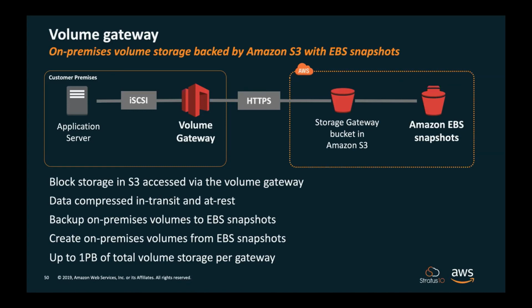There is a limit of 1 petabyte of volume per storage gateway, so if you need more than that, you would utilize multiple volume gateways. This utilizes S3, and if you need the data in AWS, you would create an EBS snapshot and then interact with that snapshot with the EC2 instance.